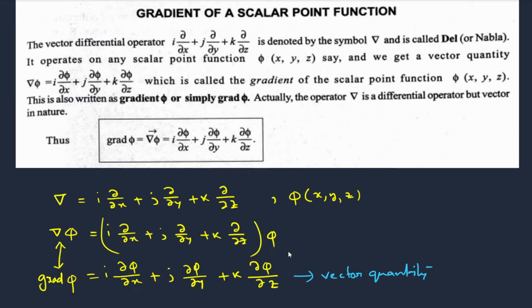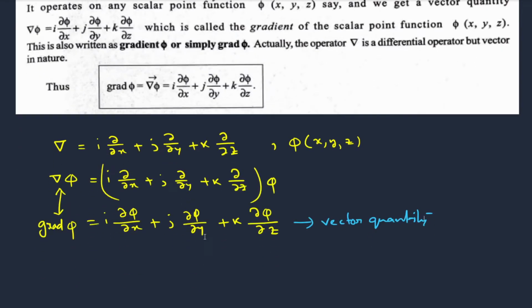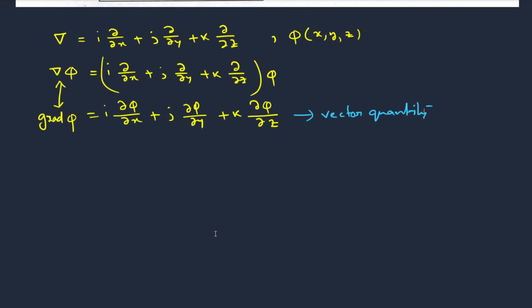Now from this we can generate one very interesting result also. Suppose there are two points in space. At this point P, the coordinates are x, y, z and the position vector is r bar.